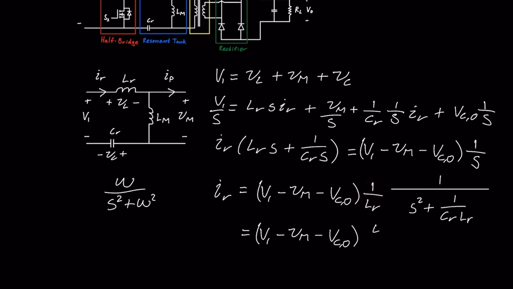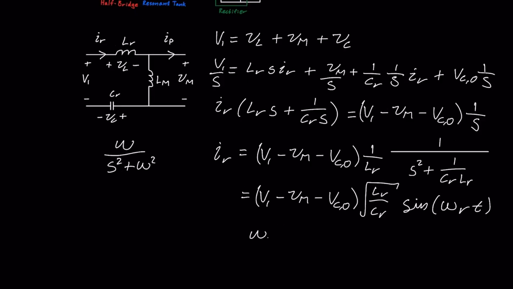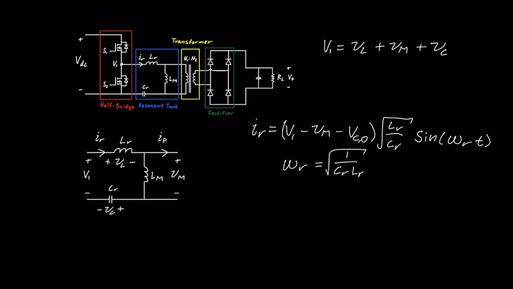So we get LR over CR squared. I will not explain why. And then we have the sine of omega R multiplied by T. So omega R equals 1 over CR LR, and then squared. So this is the equation that we get for IR.